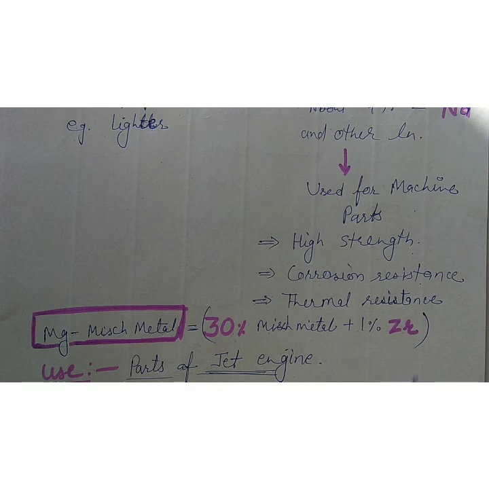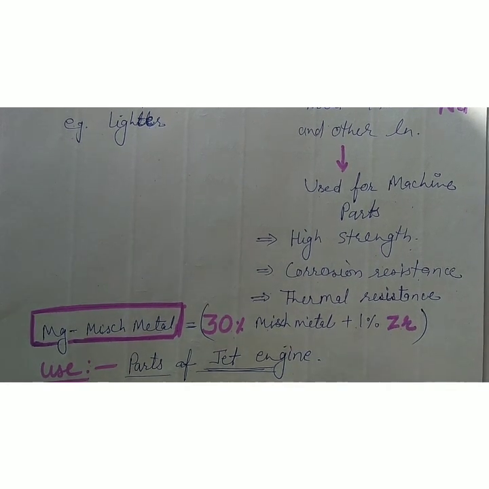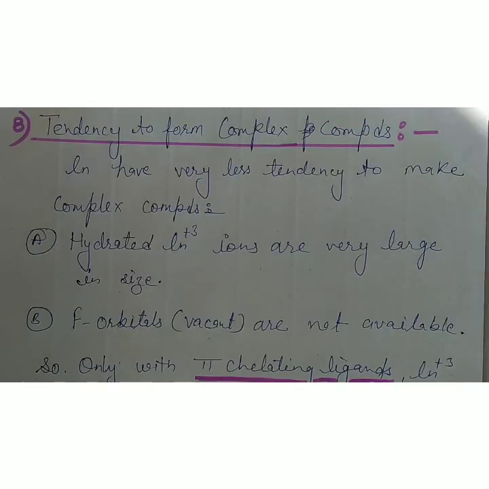Okay, clear. And now the last property of the lanthanides is the formation of complex compounds. The d block elements have a very high tendency to make complex compounds. Why? To make a complex compound, there should be vacant orbitals to accept electron pairs, and the size of the cation should be very small.